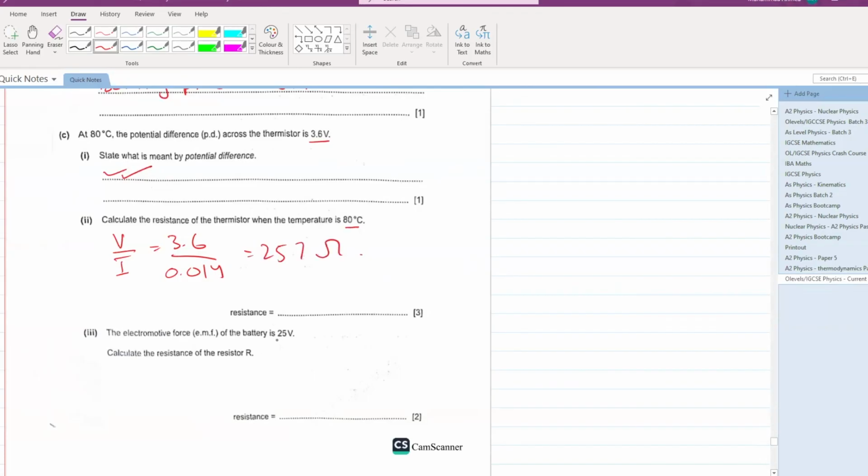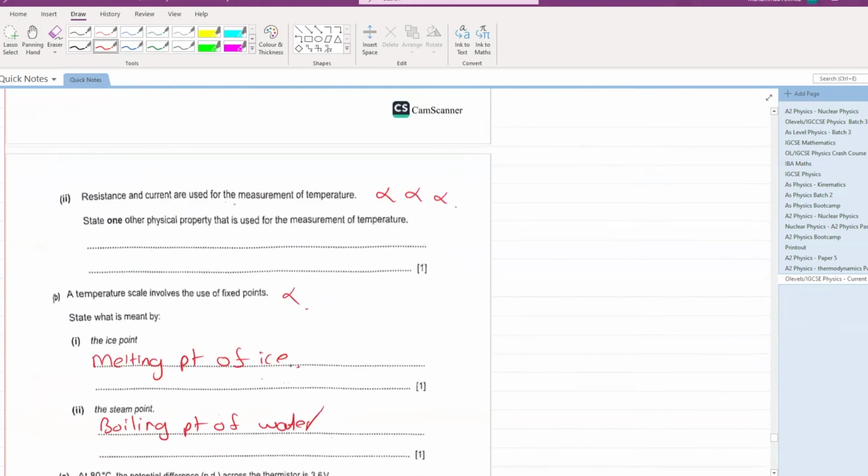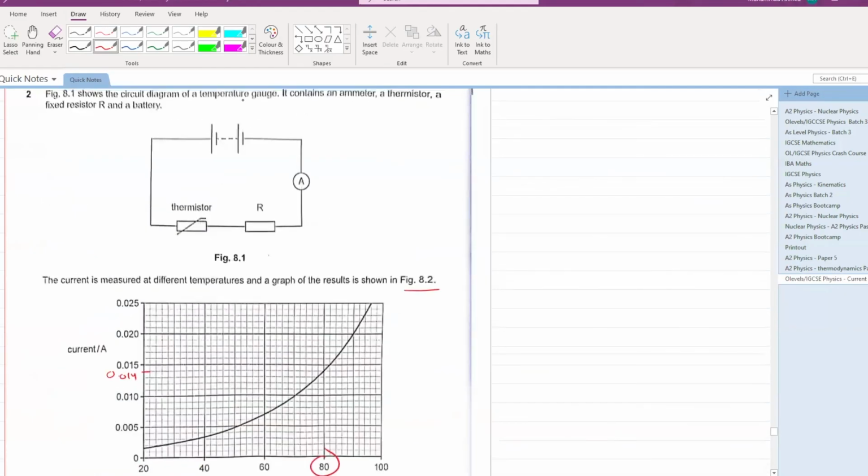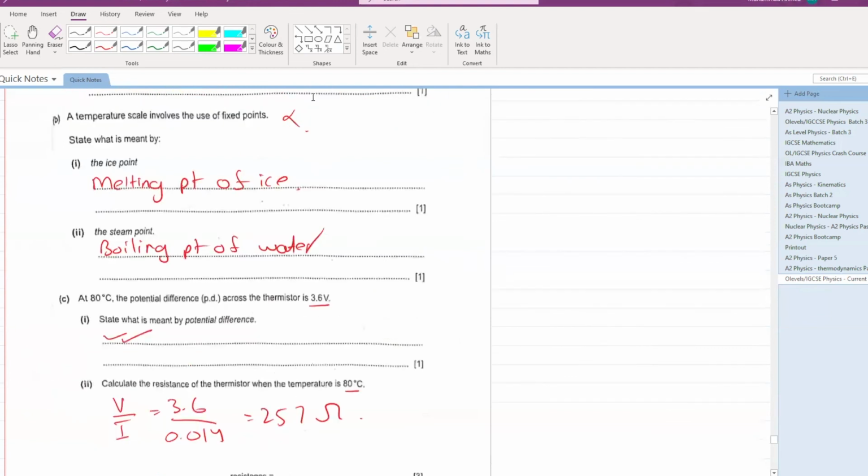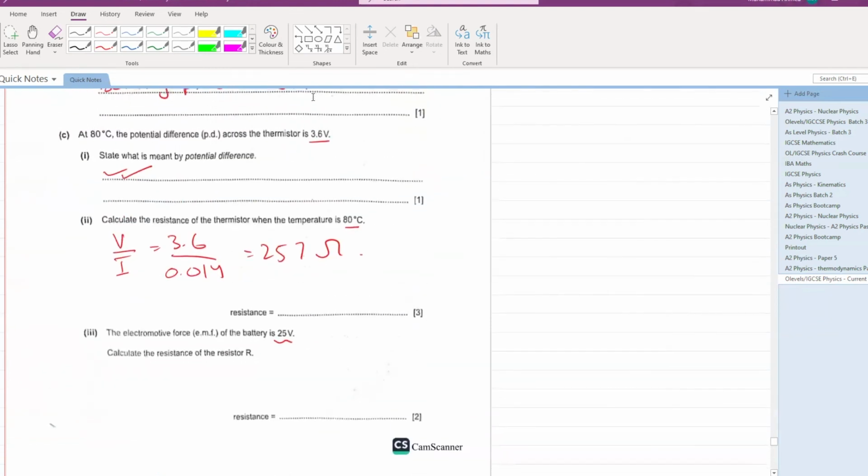The electromotive force of the battery is 25 volts. Calculate the resistance of the resistor R. Okay, let's see what the examiner is trying to say. The electromotive force is 25 volts.